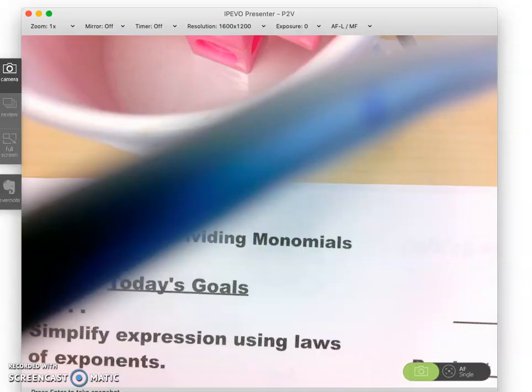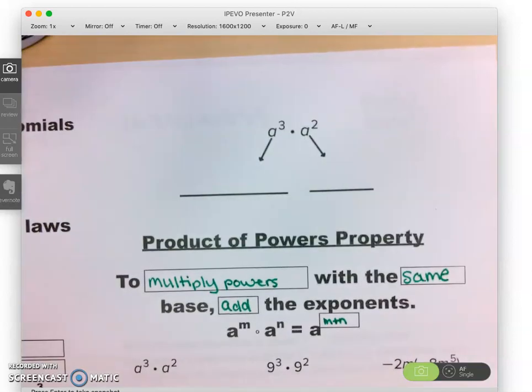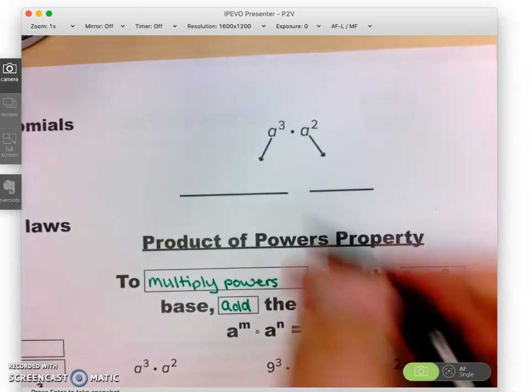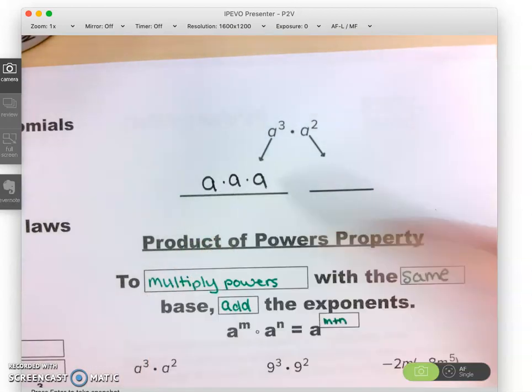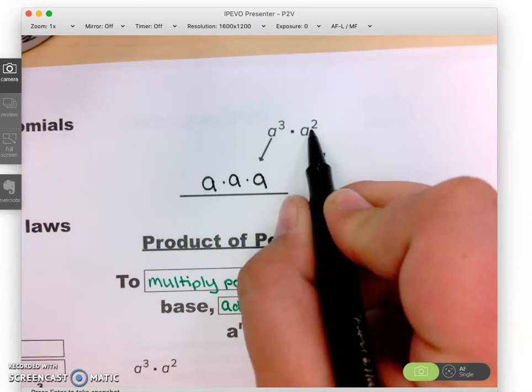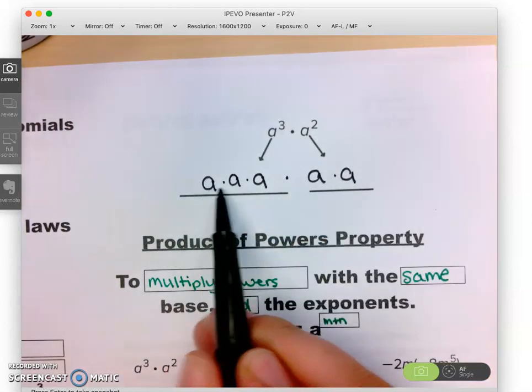Okay? So here, I'm going to get onto my course. We have a cubed times a squared. Now if I look at that, I can write that out as a times a times a. We learned that, right? And we could write this one out as a times a. Now if you notice, they're all multiplying.